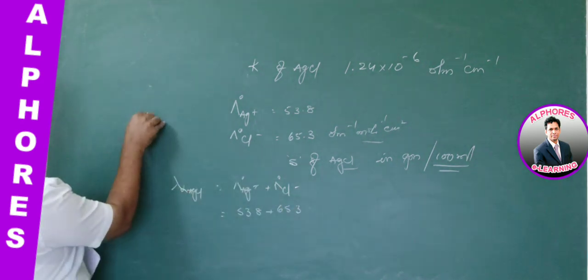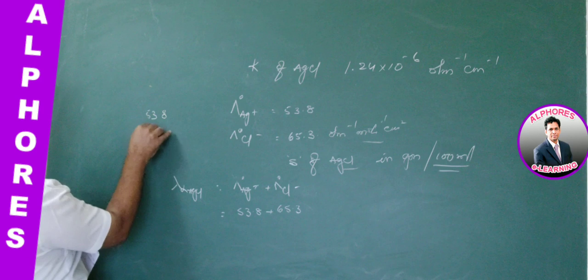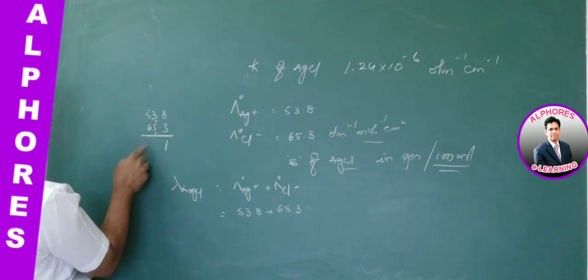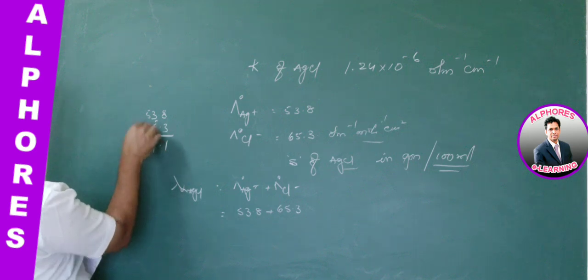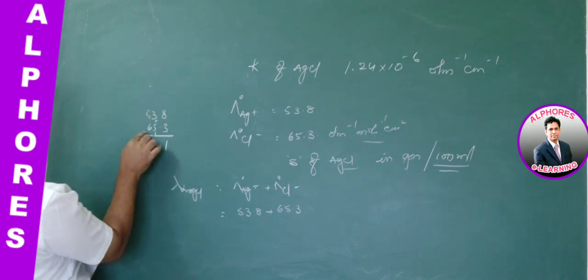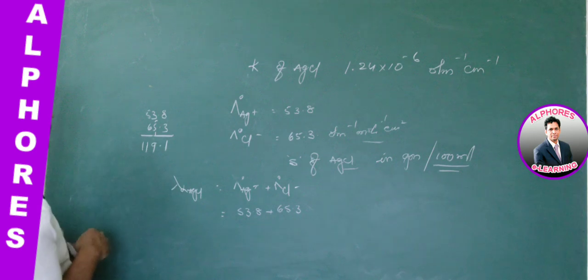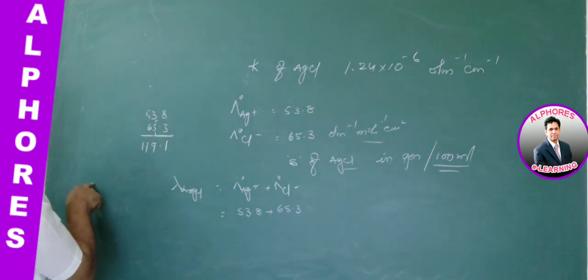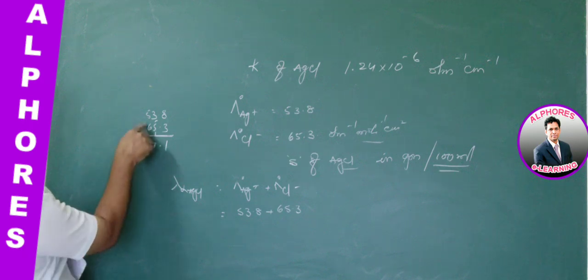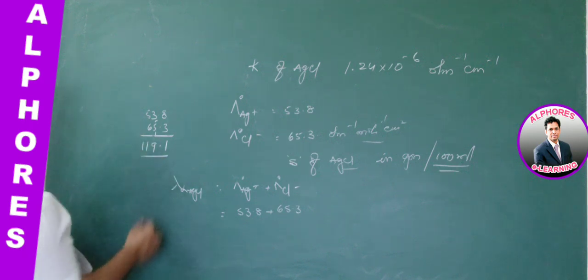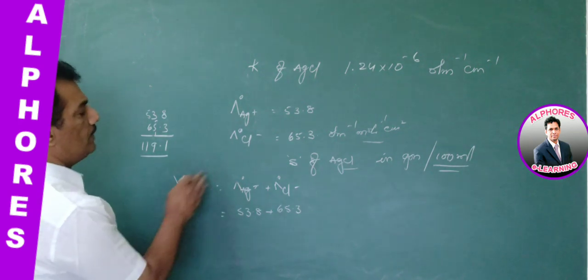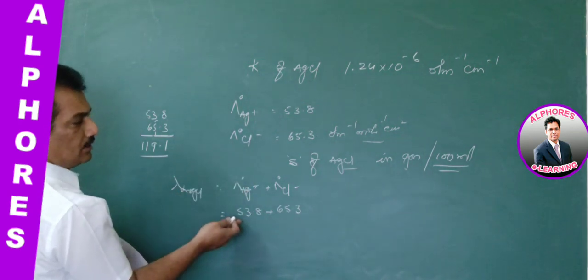Adding these, 9 and 11 gives 119.1. So at infinite dilution the conductance is known.